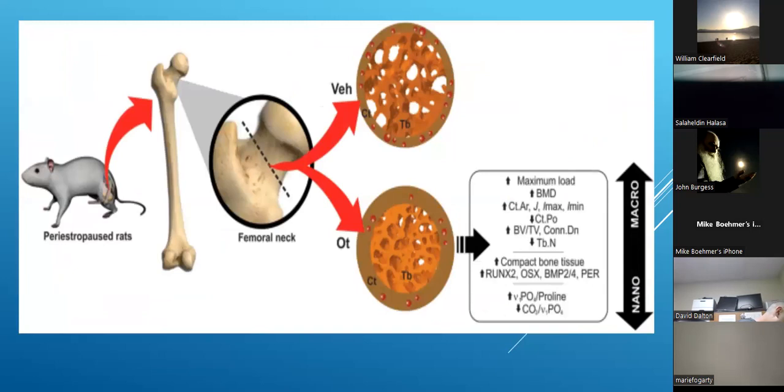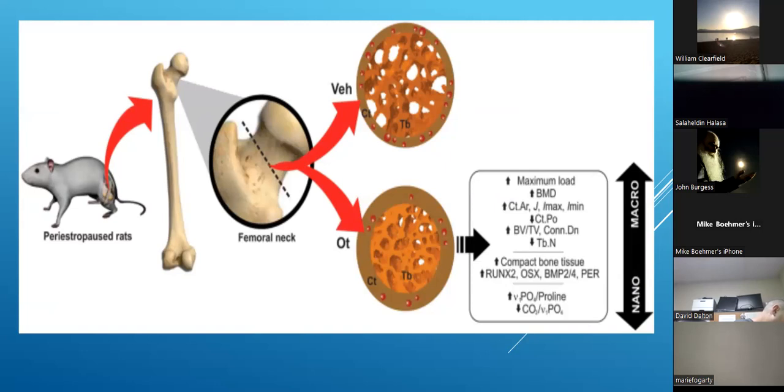And this shows how oxytocin helps in increasing the bone mass in rats, showing the difference between the rats treated with oxytocin versus the rats that were not.